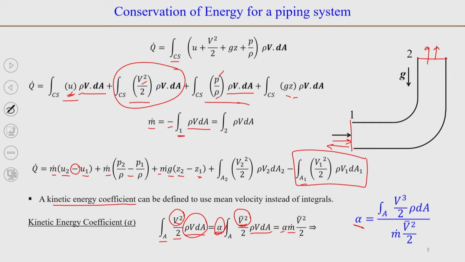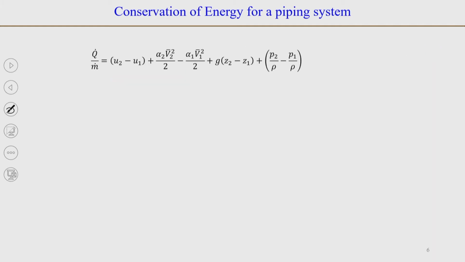So, let us go back to our energy equation, and we will write this now by dividing by m dot. So, we will write this in terms of q dot divided by m dot.